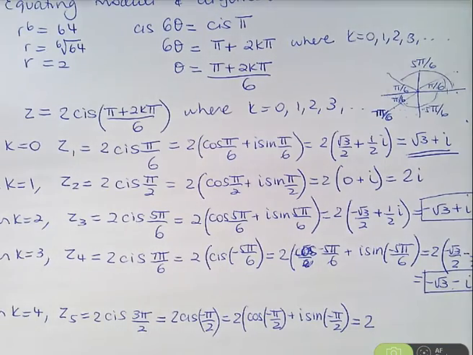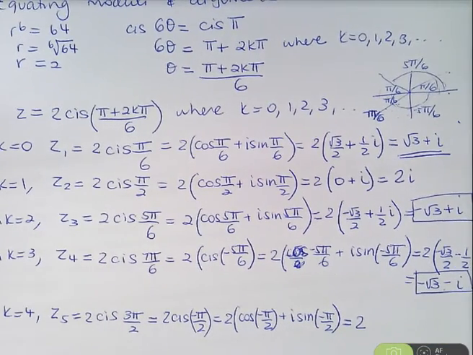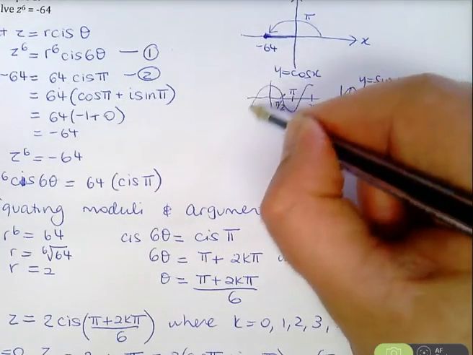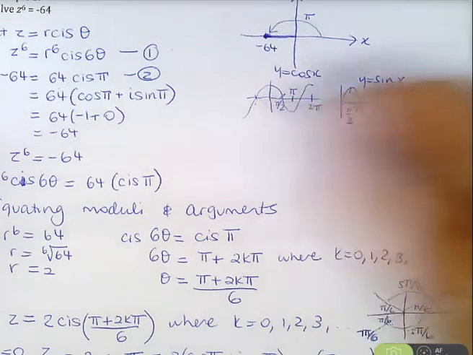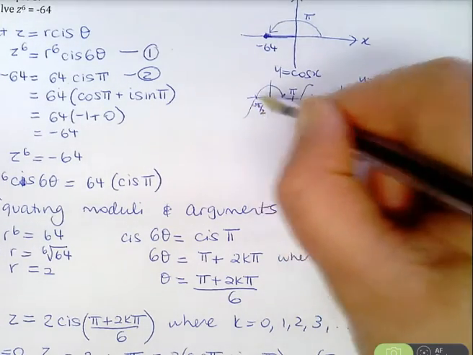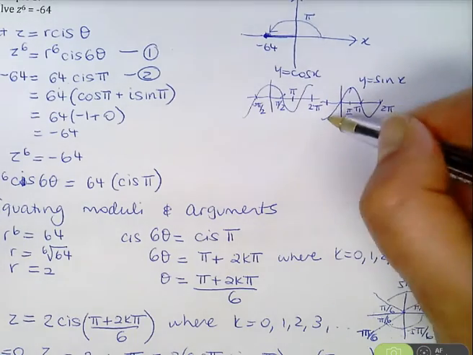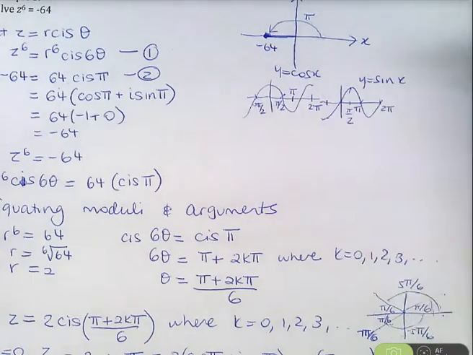Now the cos of minus pi on 2 and the sine of minus pi on 2. There's my cos curve. If I just extend it a little bit back, cos of minus pi on 2 will be here. That's 0. And sine of minus pi on 2 will be there, which is negative 1.